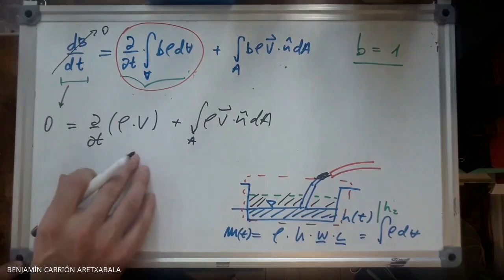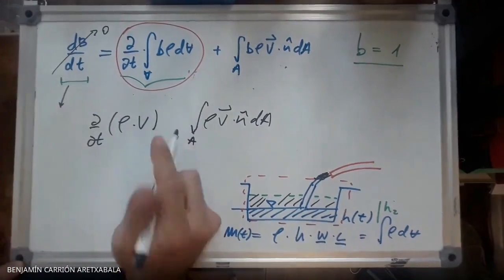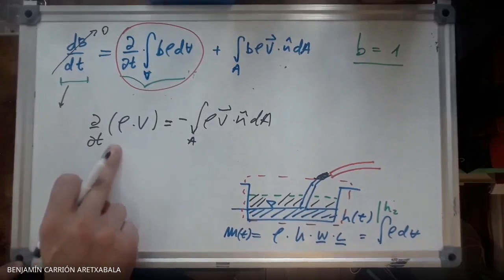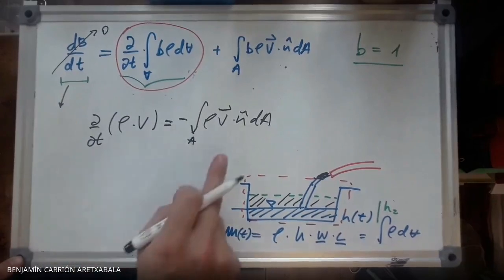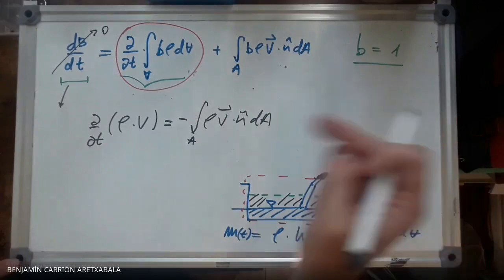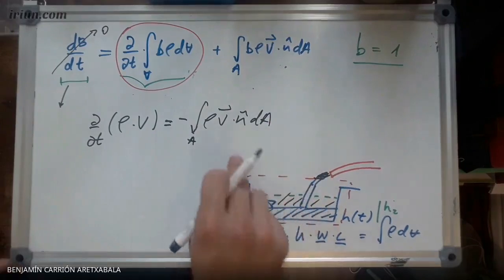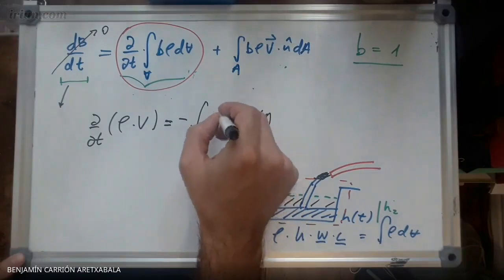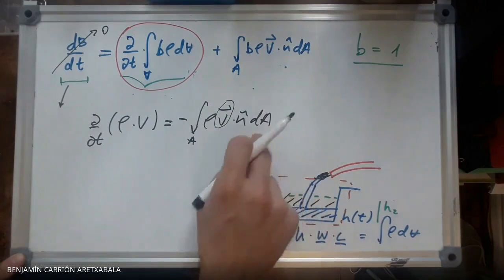Since this is 0, we can say the rate of change is just negative the flux. If the mass inside the system is increasing, remember we said that water coming in was negative, and now we have a negative sign. So we have a lot of water coming in. This makes perfect sense, right? Do realize that this is the velocity of the water, and this is along the area of the surface.